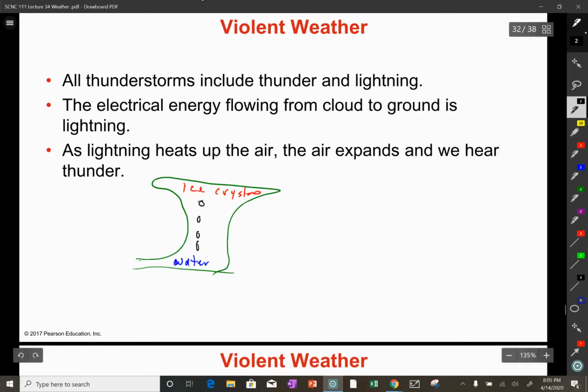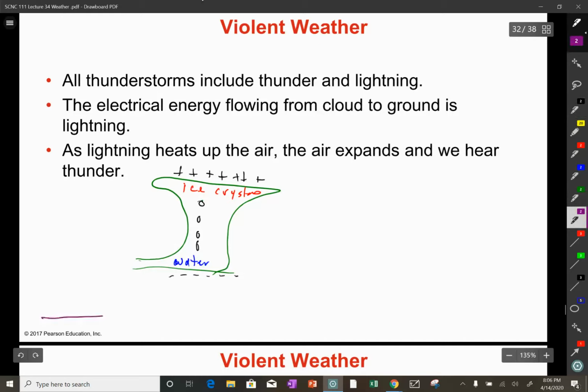And what happens is the top of the cloud becomes positively charged. The place where you have the ice crystals is positively charged. The place that is missing the ice crystals, mostly water, becomes negatively charged. And so you have a big charge separation in these thunderheads. And that will cause you to have arcs.